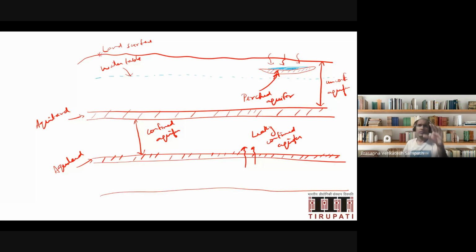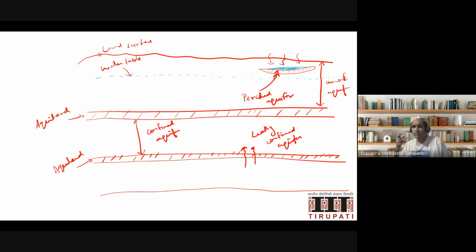Now, the amount of water that the perched aquifer has might be relatively insignificant. But it might be sufficient. Suppose there is one family living here who has a house, and they need maybe, I don't know, 500 liters of water a day. And in this particular region, if you get continuous rainfall throughout the year, it's a lot of rainfall.